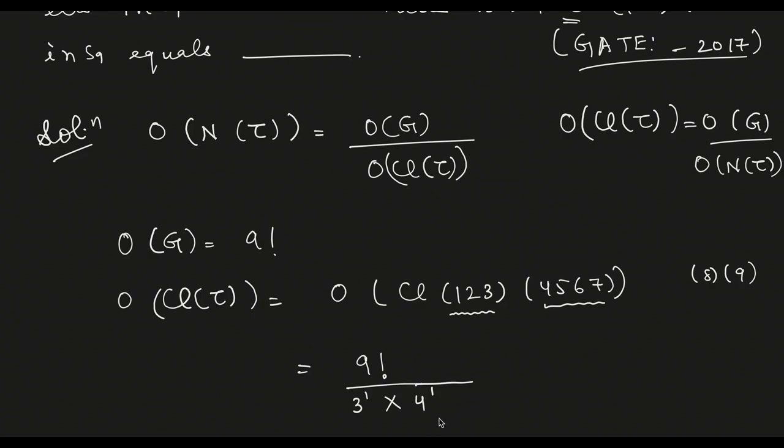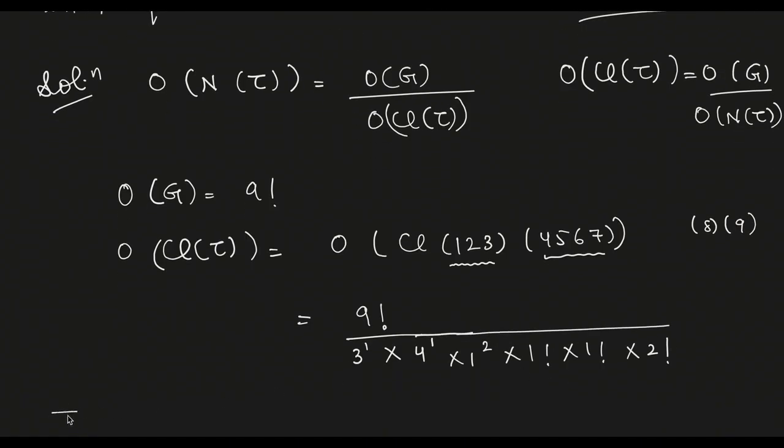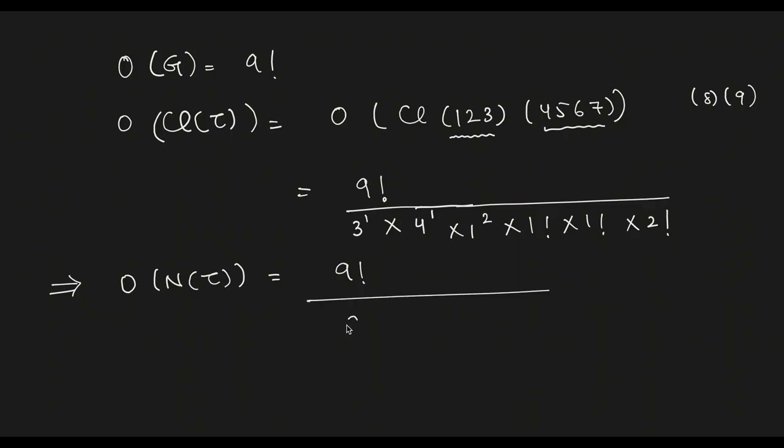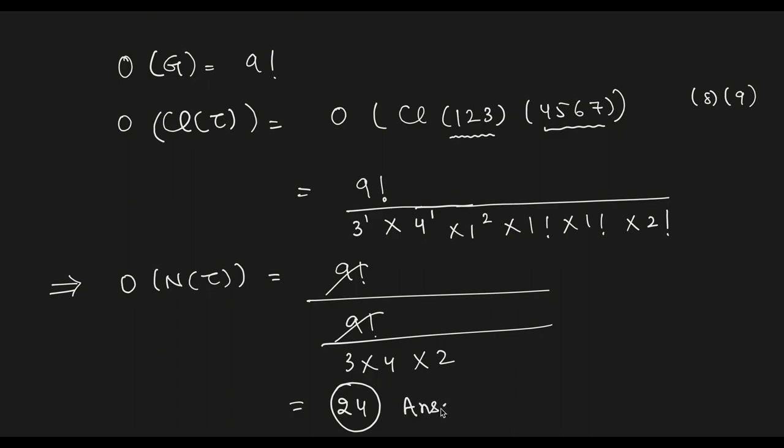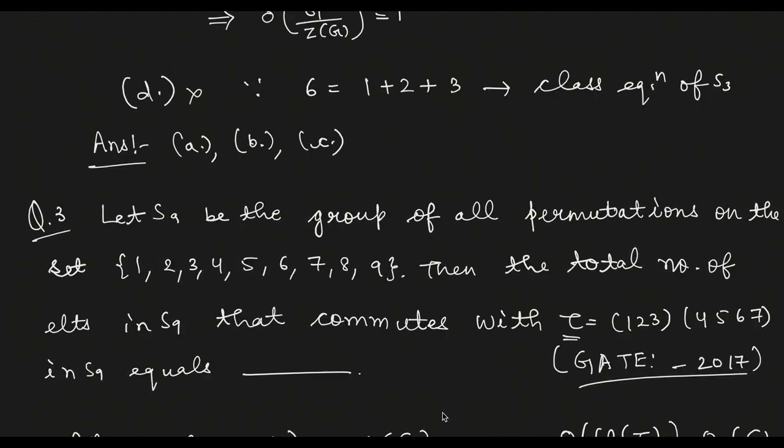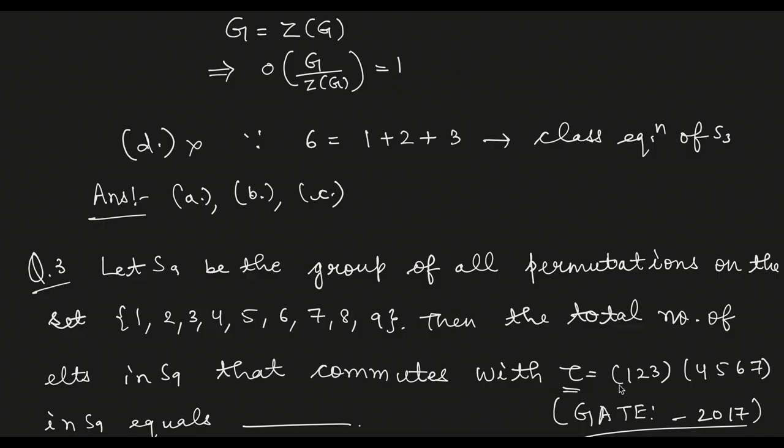So 1 to the power 2 into 1 factorial into 1 factorial into 2 factorial. So finally, order of normalizer of tau equals 9 factorial divided by 9 factorial upon 3 into 4 into 2. So this is 24. Whenever you are asked how many elements commute with a particular cycle, you need to apply this approach.